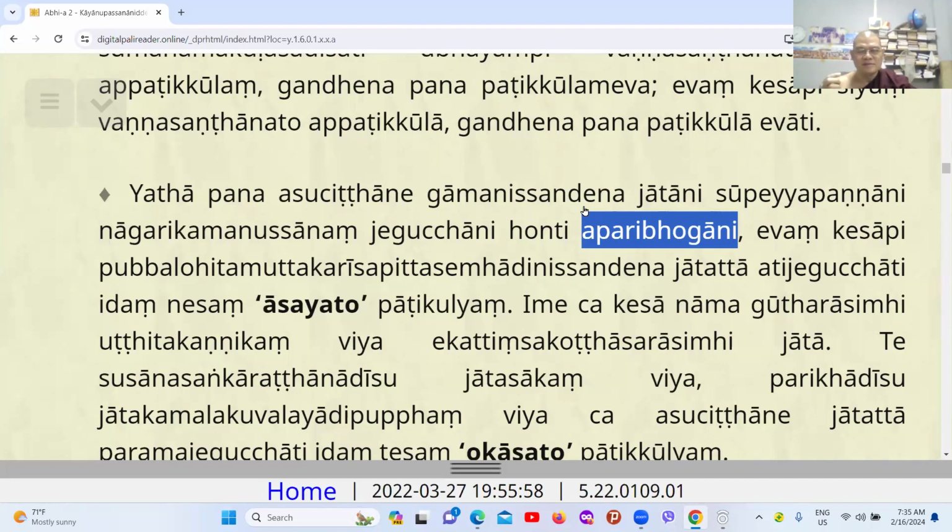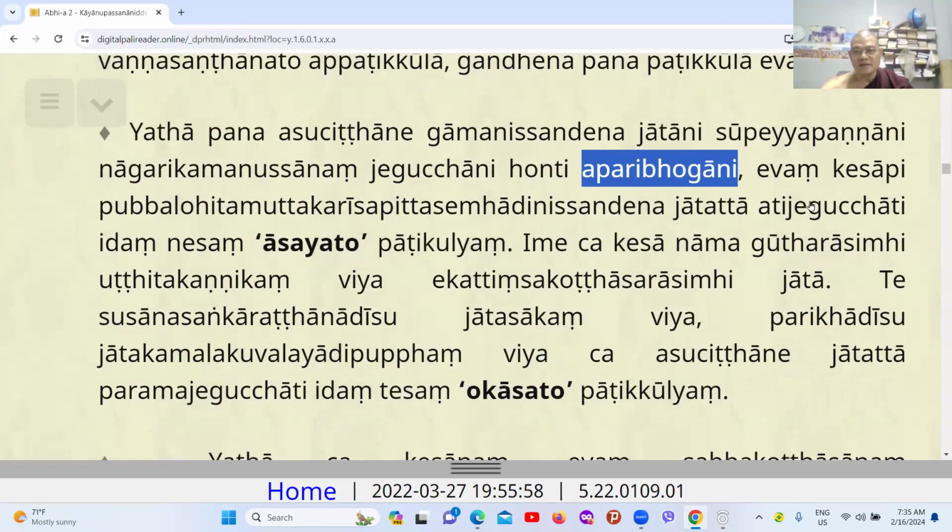So they do not feel disgusted nowadays. But before, they were disgusted by such leaves. They didn't buy them, they didn't eat them. But nowadays, people eat. It was like that here with kesa.